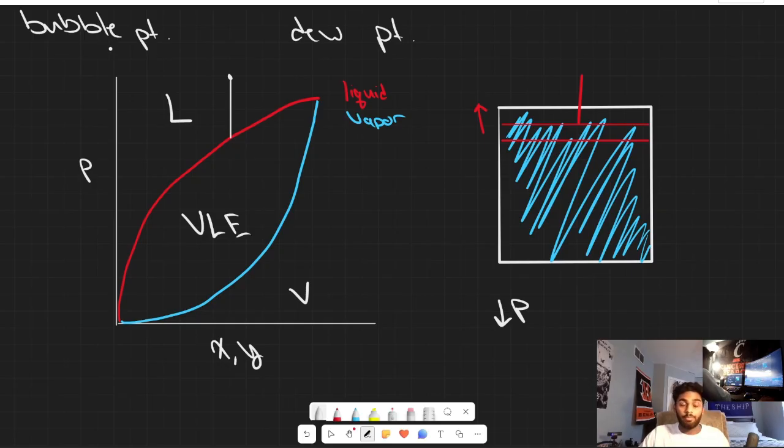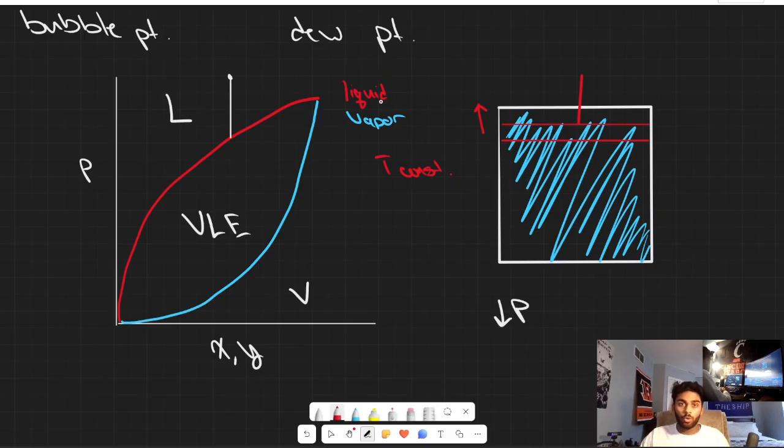And that is the bubble point. So in this case, we'll be holding temperature constant since we're looking at a pressure versus mole fraction graph. So T is constant. So in this case, it is the pressure at a constant temperature at which the first bubble of vapor forms. That is the definition of the bubble point.